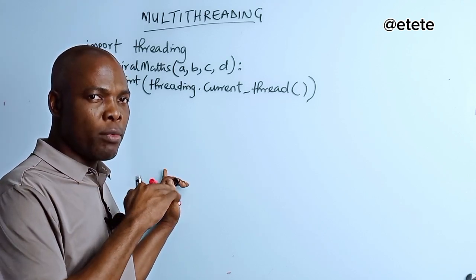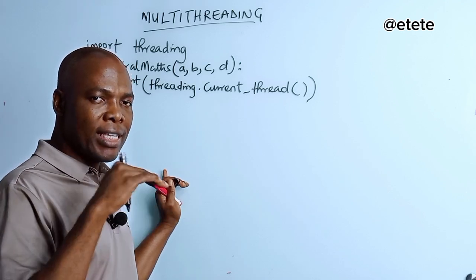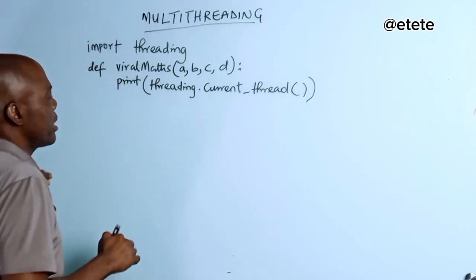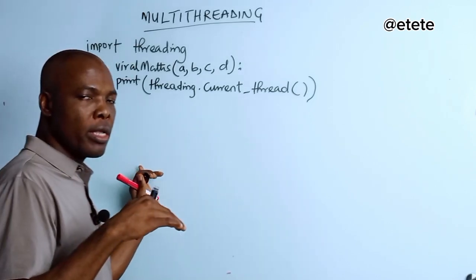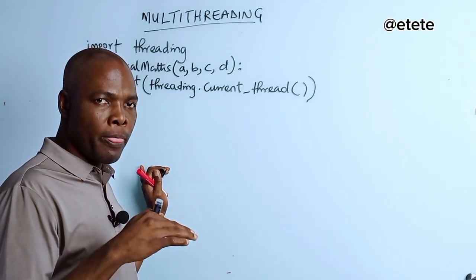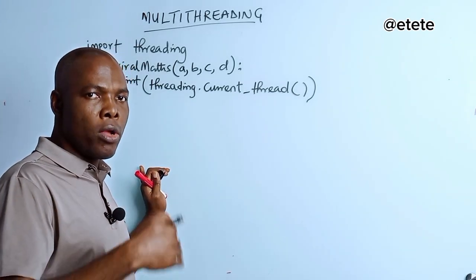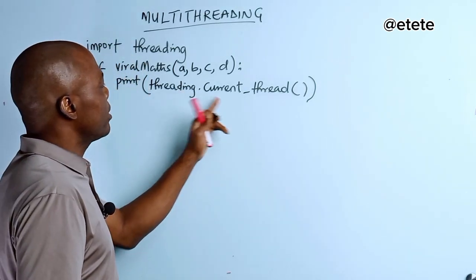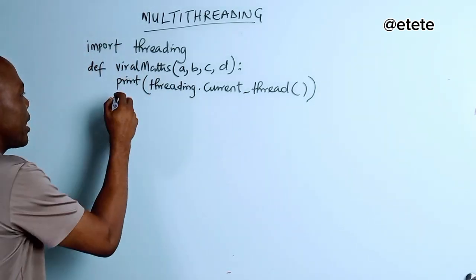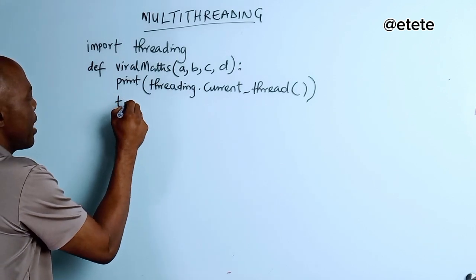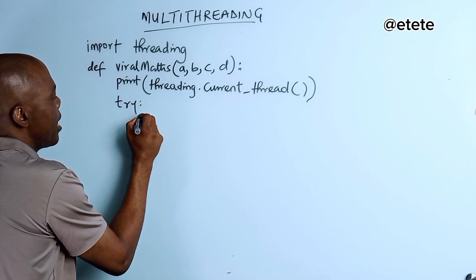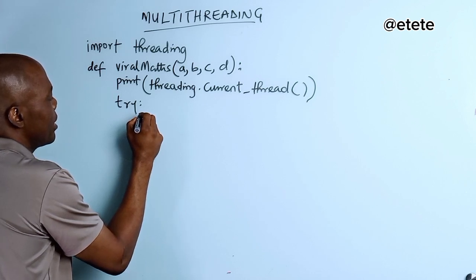So I am going to put my task inside the try block. I'll put it inside the try block so that the first one, if there is no error, will perform. But the second one will capture the error and return it back to the main thread. So print threading.current_thread. Now here I will say try. Inside this try, I will perform my task.